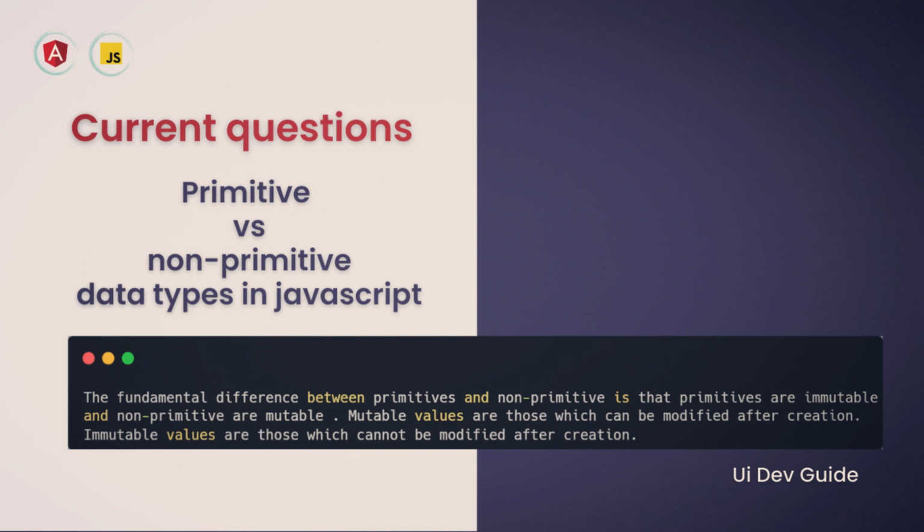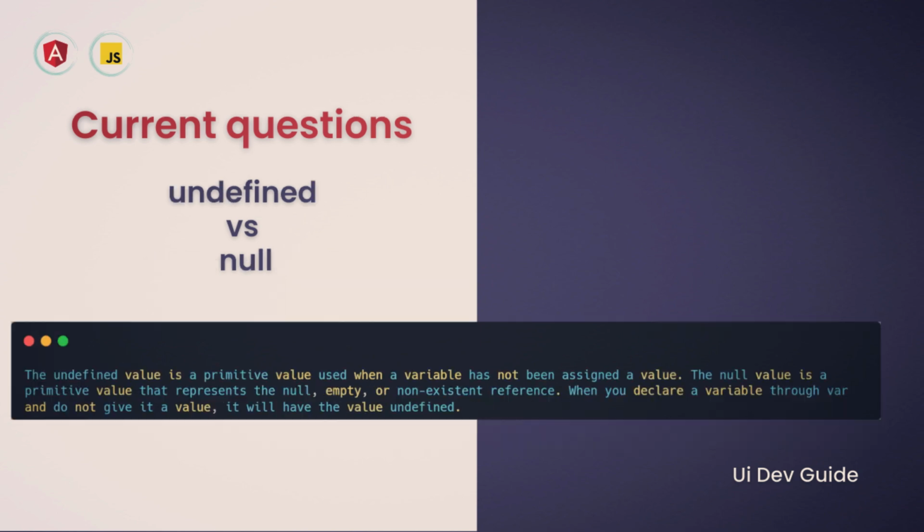Okay. So now a simple question. What is undefined and null? So undefined means, for example, you have created a variable, var a. If you try to print that var a, it prints undefined.